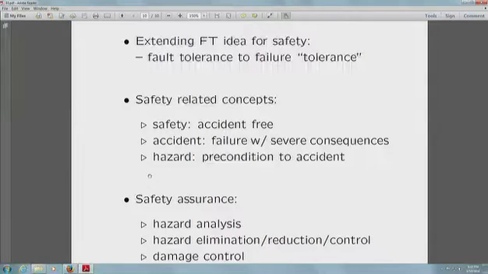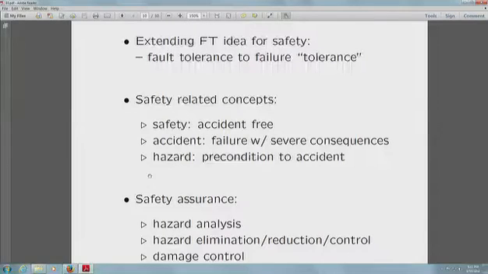And then you can ask, can I make sure that my control software ensures that whenever a train is coming, or whenever a train is within a certain distance, this arm must be down? So you can eliminate this precondition. What we do with safety assurance is typically analyze the hazard, the preconditions to an accident, through various analysis techniques that we'll cover a little later on.